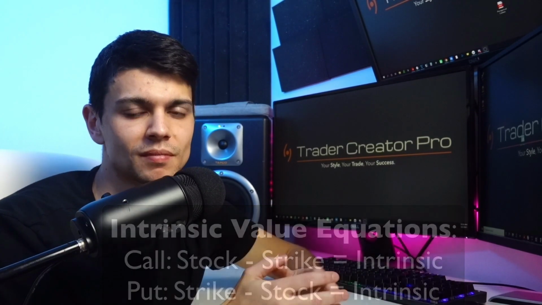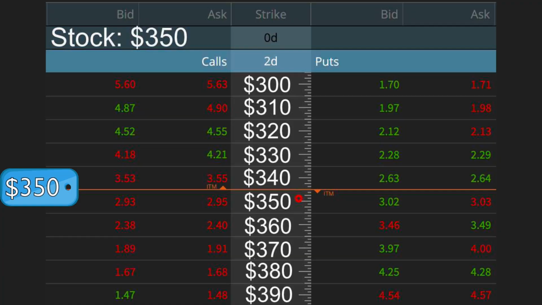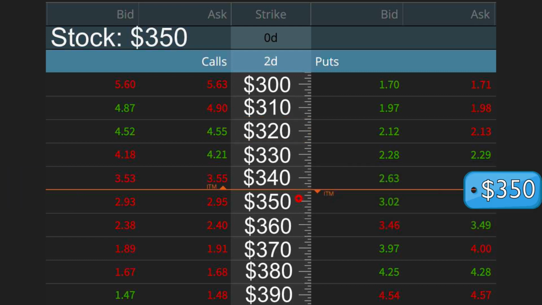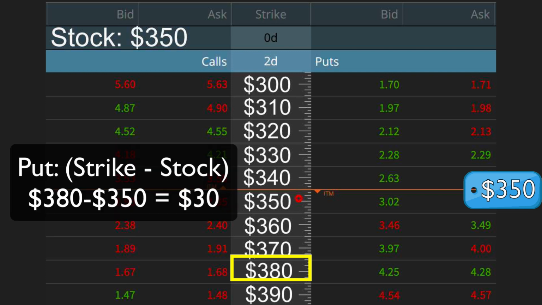For example, if you had a $350 stock and the call strike price is at $320, then you have $30 of intrinsic value, or it's $30 in the money. If you have a $350 stock and the put strike price is at $380, then you have $30 of intrinsic value, or $30 in the money.